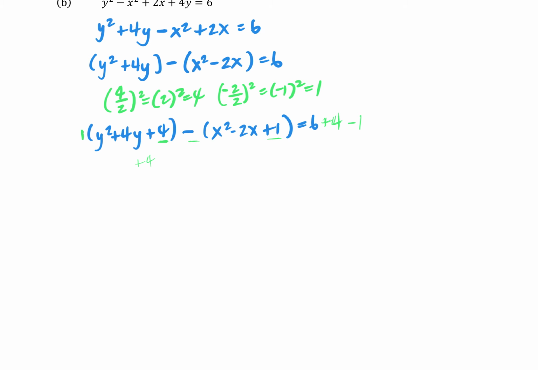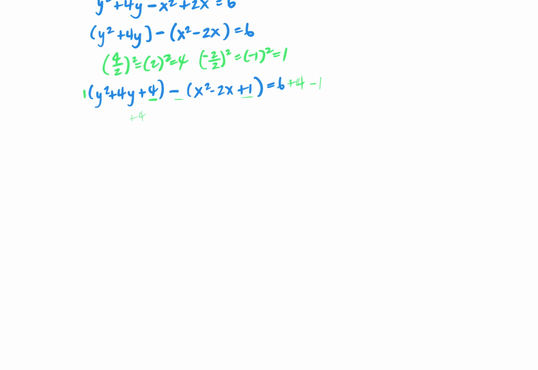I have to minus 1. And then this becomes y plus 2 squared minus x minus 1 squared equal to 6 plus 4, 10 minus 1 is 9. So I see I have a subtraction, probably a hyperbola.